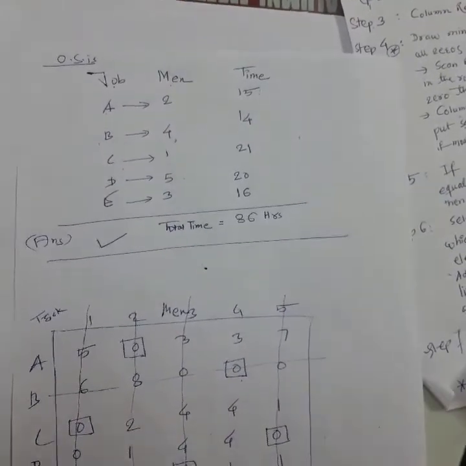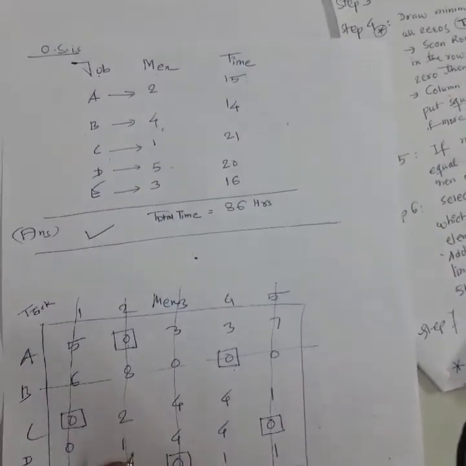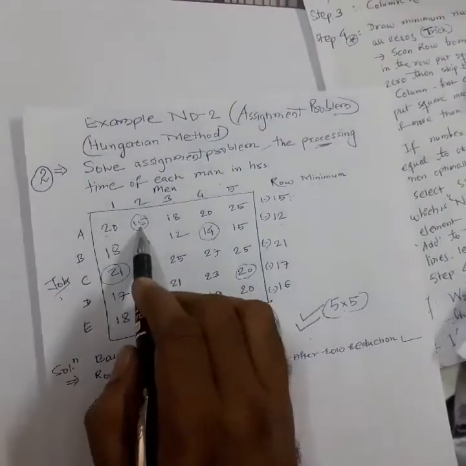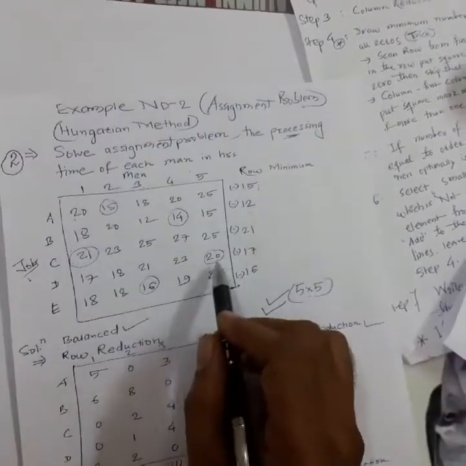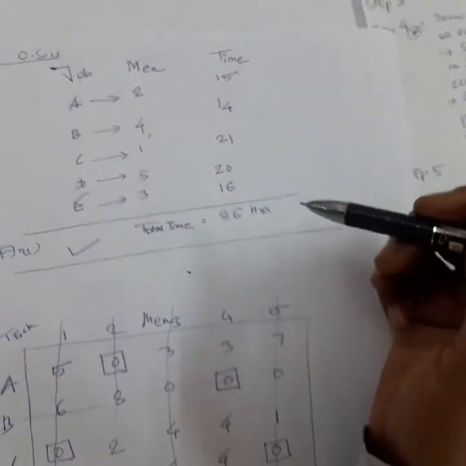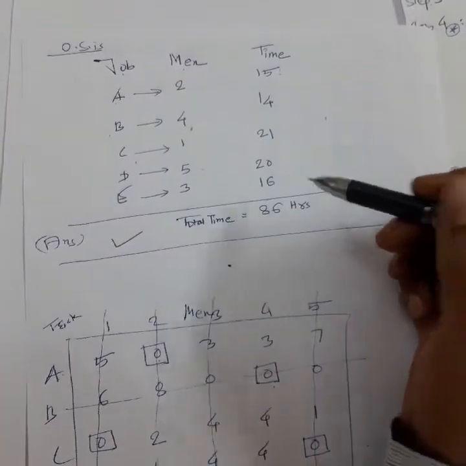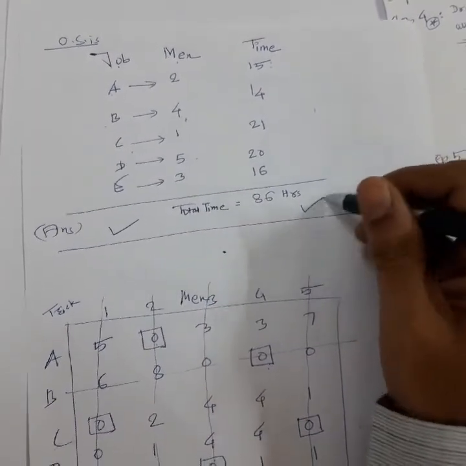Just put the corresponding time from the original cost matrix. A2, we will see A2 here. A2, yes, 15, correct. B 14, C 21, D 20, and E 16, like this. And make a summation of it, and you will see 86 hours is the total time. This is the final answer.